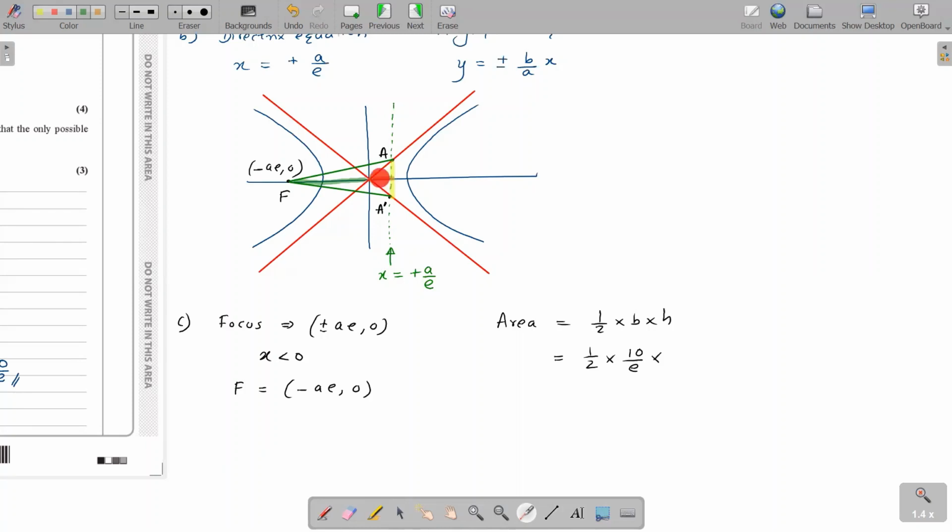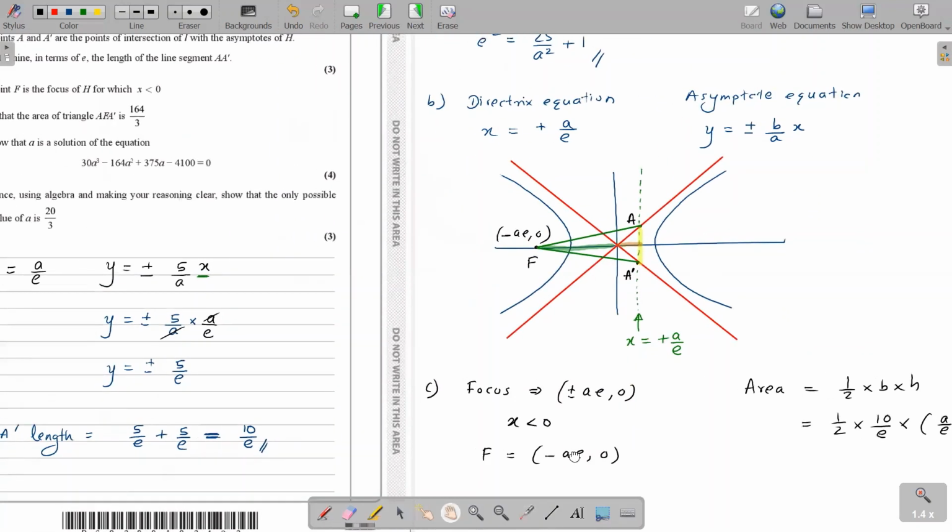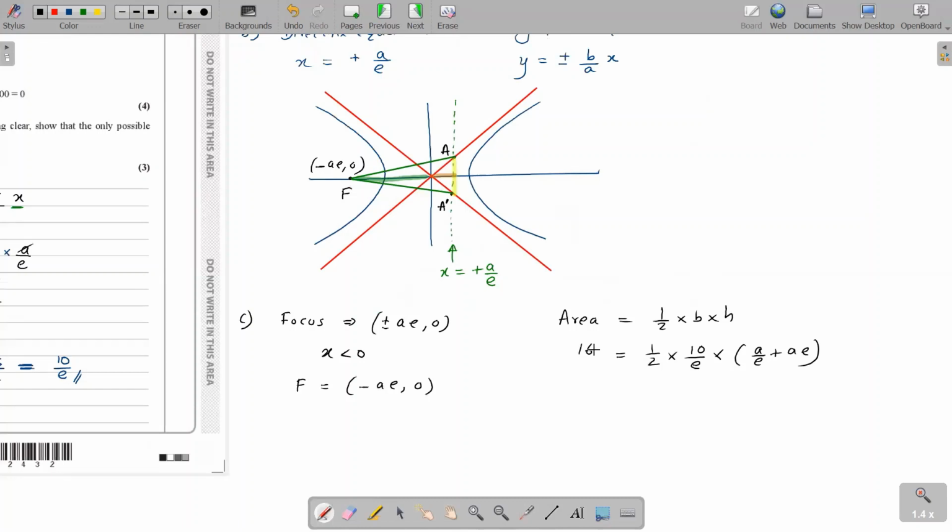This positive distance plus the negative distance, remove the negative. Because end of the day, I just want the distance. The x coordinate gives the length here. So the height is A/E and you add the AE. Do not take the negative mark because we need simply the length. And this area is equal to what? They say the area of the triangle is equal to 164/3.